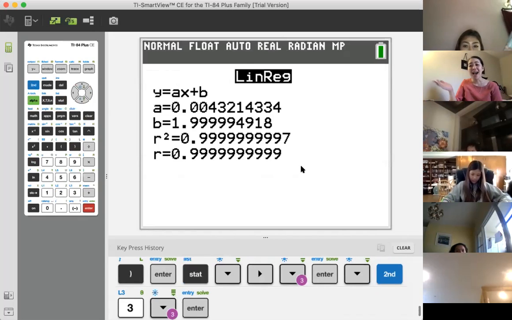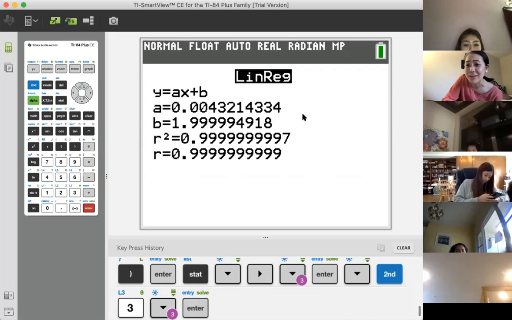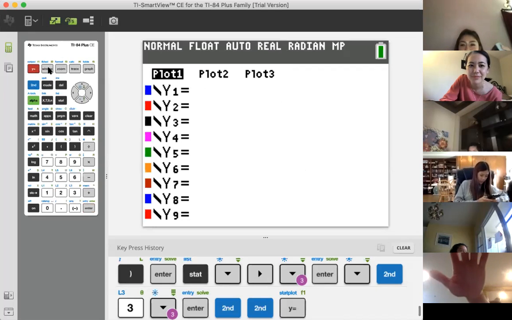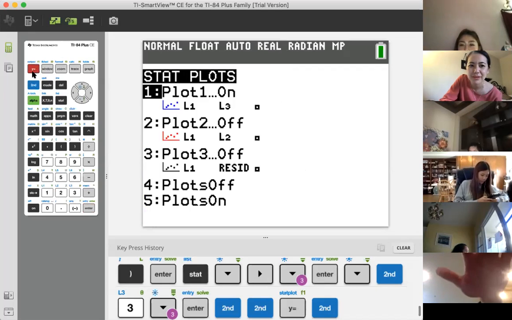Okay, I don't even need to check the residual plot. That is almost a perfect line. So that's another way you can ease your mind to say, yeah, that is the best one.